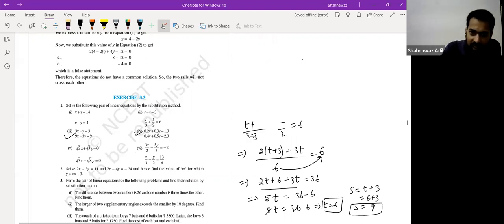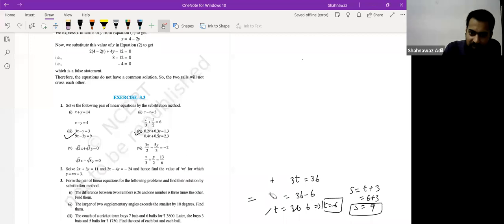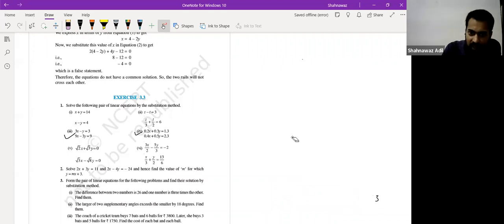Sixth will be Rizwan's chance. Third and fifth I will do, sixth you will do, second I will do, and third Talha will do. Right, Talha?